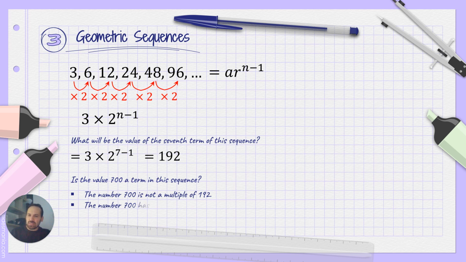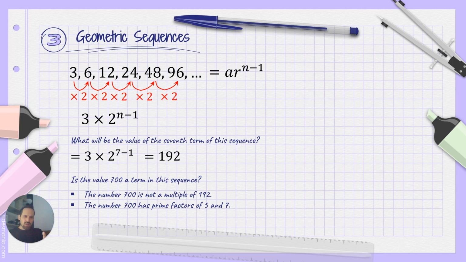If you're not convinced by that, another way we could look at it is by the fact that 700 has prime factors of 5 and 7. So you could break down 700 using our factor tree that we've done before, and you see all the different factors that it's got. And we see it's going to have prime factors of 5 and 7. Now, if we look at this generator function, 3 times 2 to the power n minus 1, the only prime factors it has are 3 and 2.